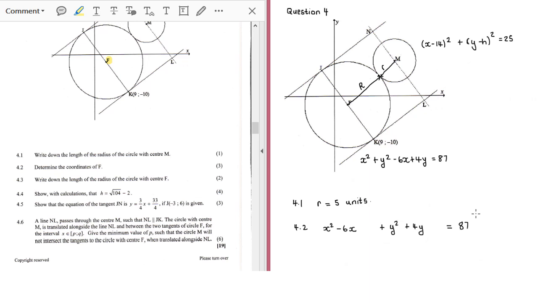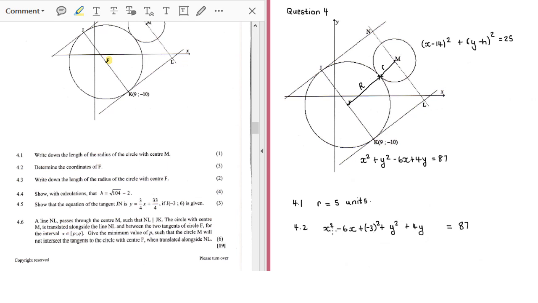Now we're completing the square for our x terms and y terms separately. So we take half the coefficient of x, which in this case is −3, and that has to be squared. We add that in the little space that we left.